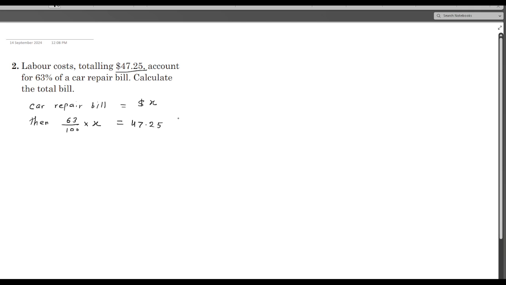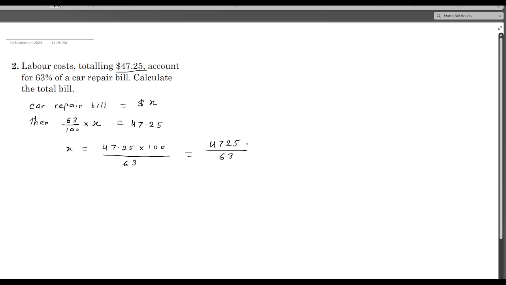Okay, so 63% of car repair bill is 63 divided by 100 times X, and this is given 47.25. So this will give me the value of X, which is 47.25 times 100 divided by 63. So this is equal to, now 47.25 into 100 is 4725 divided by 63.